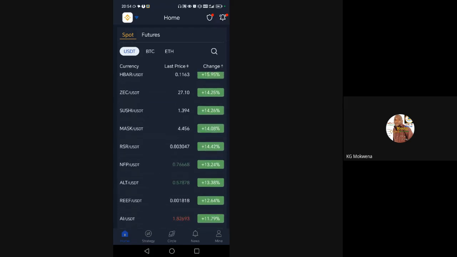No. Oh, we can take REEF. Let's take REEF. I just want us to take a trade. That's what is important for now. Click on REEF, coin number 2 from the bottom, above AI.